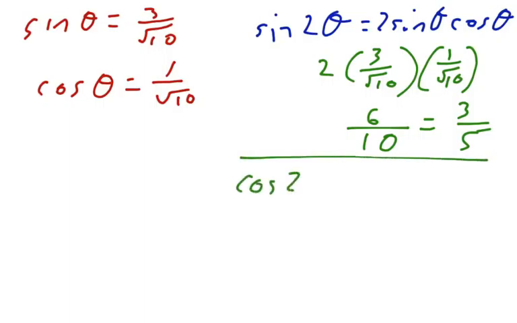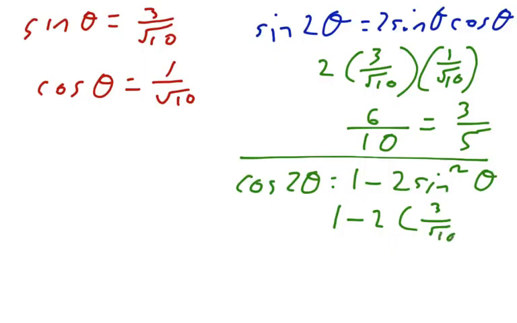The cosine of 2 theta, it really doesn't matter which formula we use, so I'll just plug in 1 minus 2 sine squared theta. So 1 minus 2 times 3 over the square root of 10 squared, which equals negative 4/5.